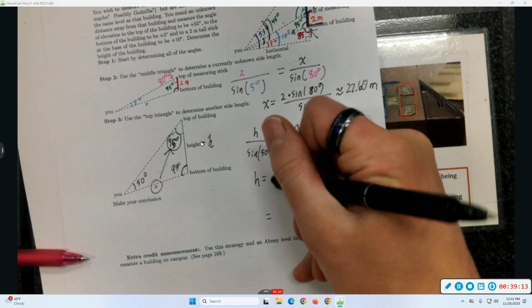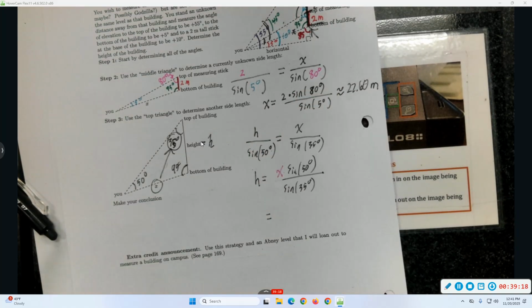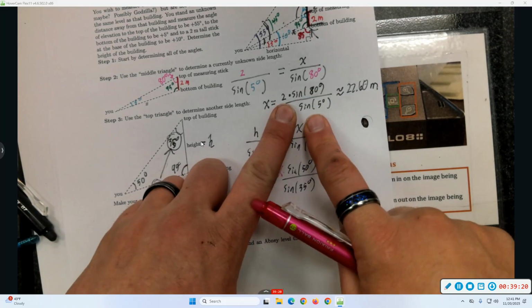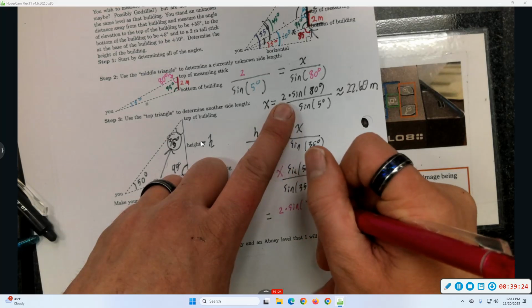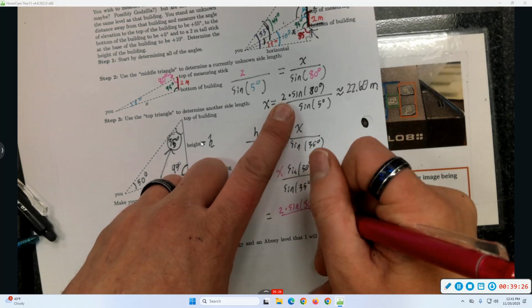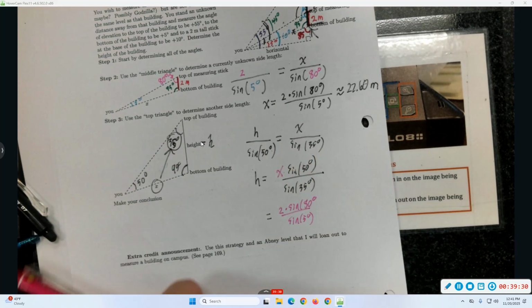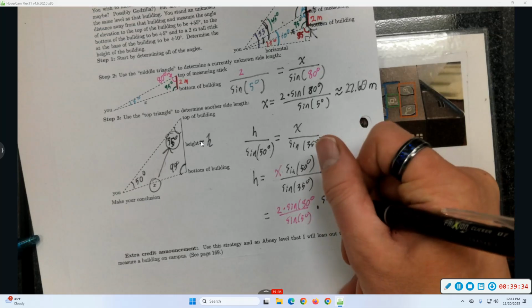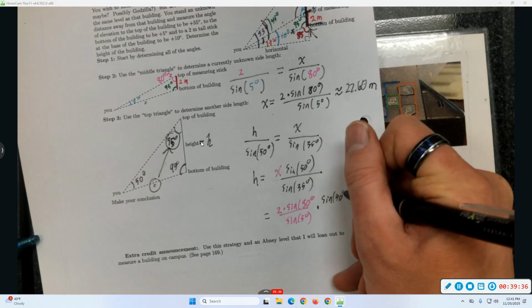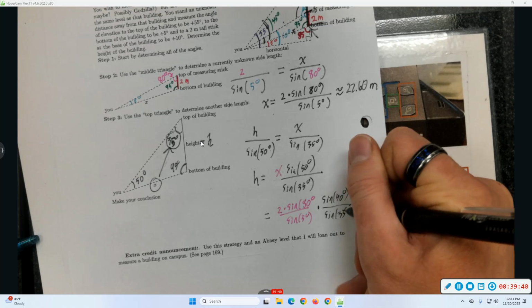So maybe I'll even color code this step. X will be in pink now. So I want x, which is 2 times the sine of 80 degrees divided by sine of 5 degrees, times the sine of 50 degrees divided by sine of 35 degrees.